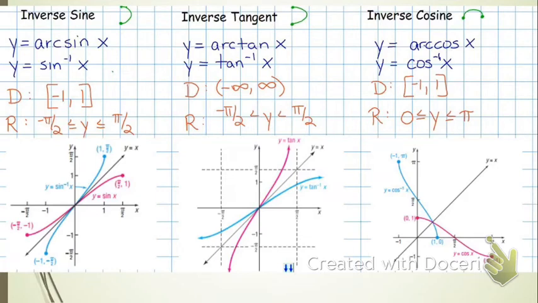So I've got all of it just up on one screen. This is why I broke it into pieces. I was not about to put up all the stuff you need to know about inverses at once. These pictures down at the bottom are showing the original function with the restricted domain and the inverse on the same graph.